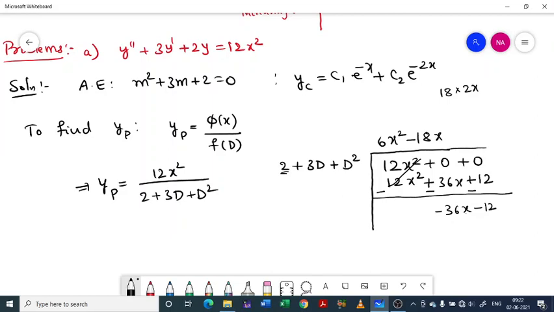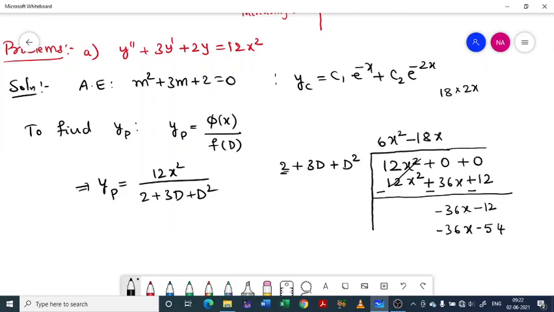Now minus 18x into 2, that is minus 36x. Minus 18x into 3D. So 18 into 3 you get 54, derivative of x is 1. So plus 54. Oh sorry, there is a minus sign there. So minus 54 it is.